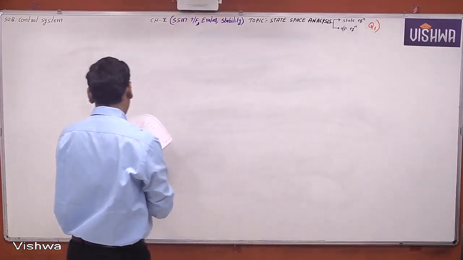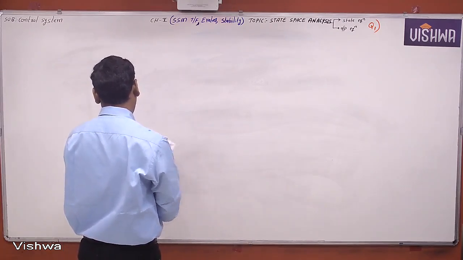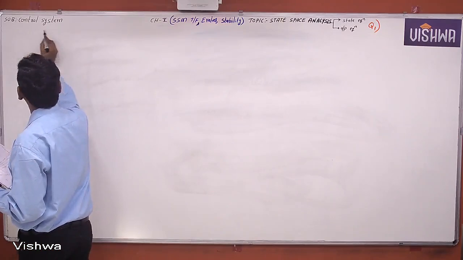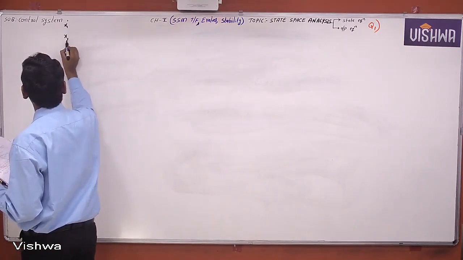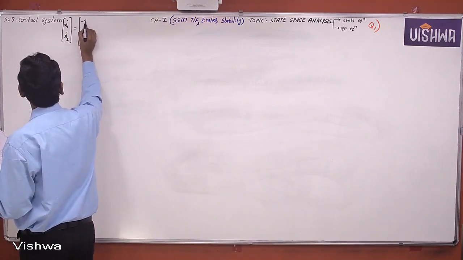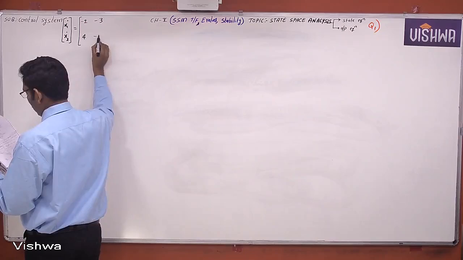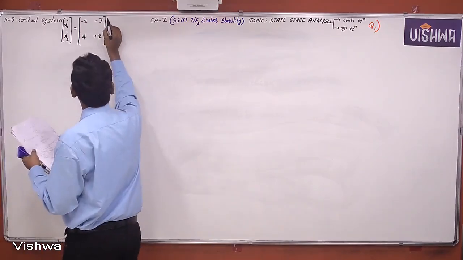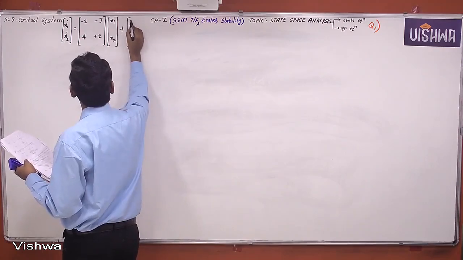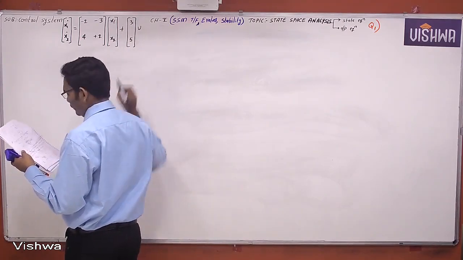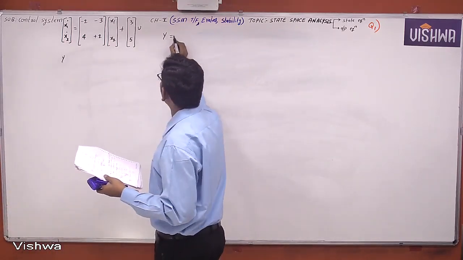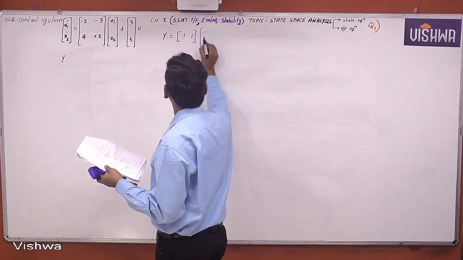From the given state space model, x1 dot, x2 dot equals the matrix [-2, -3; 4, -2] times x1, x2, plus [3; 5] into u, and y equals [1, 1] into x1, x2.